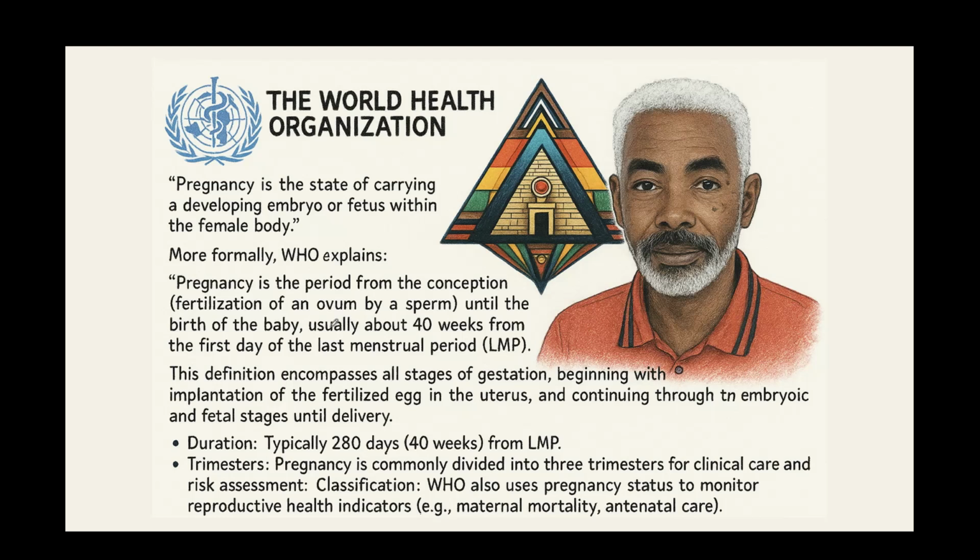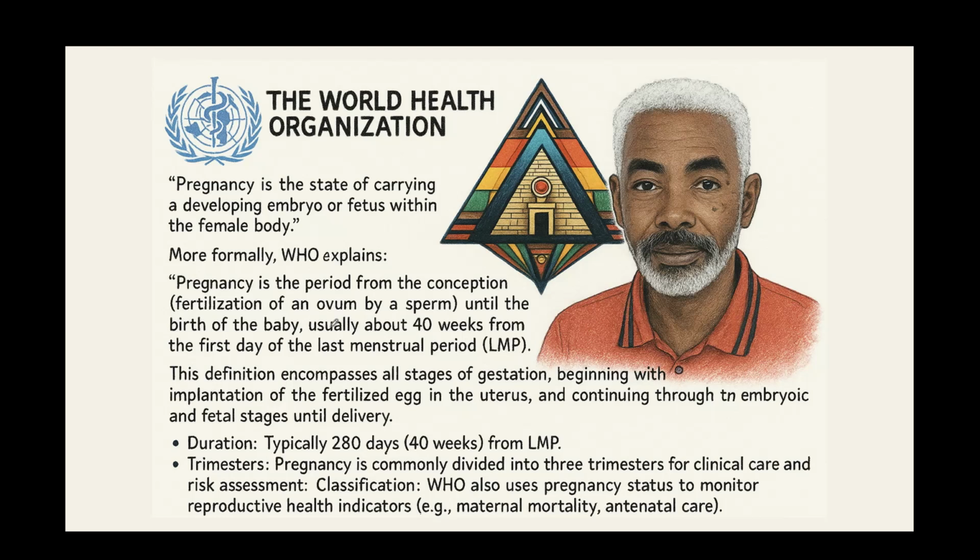Usually, it's 14 weeks from the first day of the last menstrual period. This definition encompasses all stages of gestation, beginning with the implantation of the fertilized egg in the uterus and continuing through the embryonic and fetal stage until delivery.